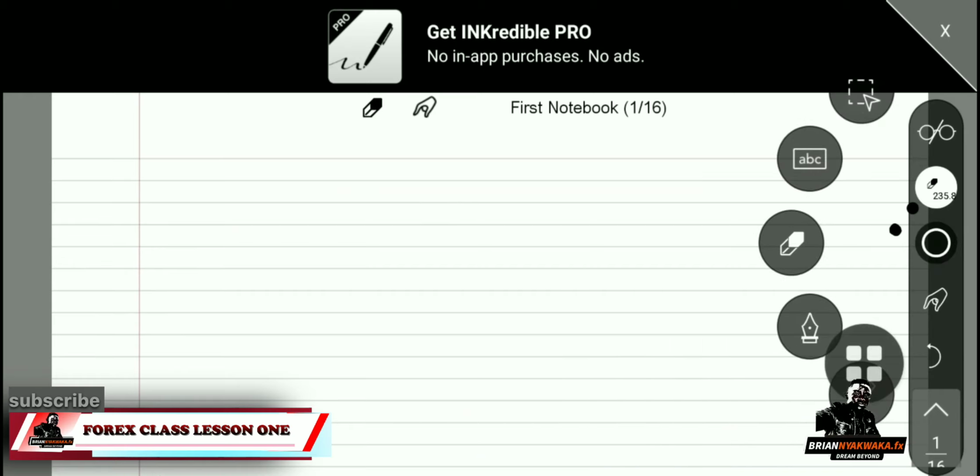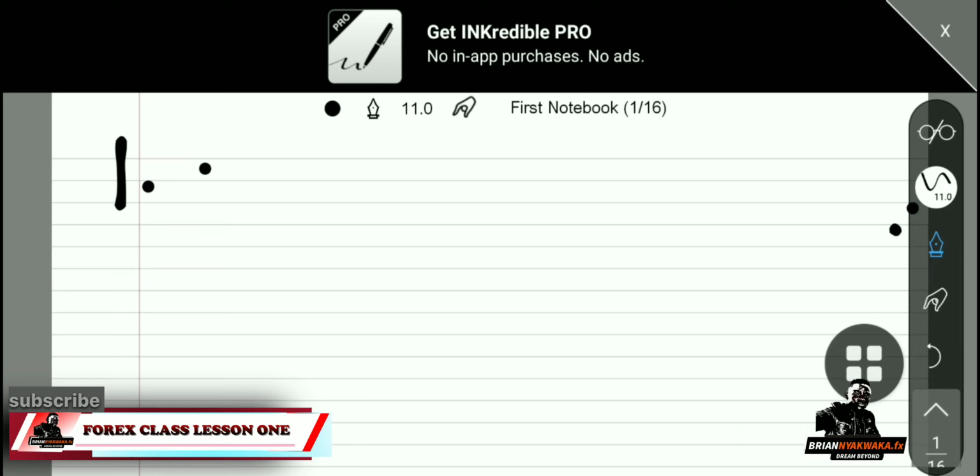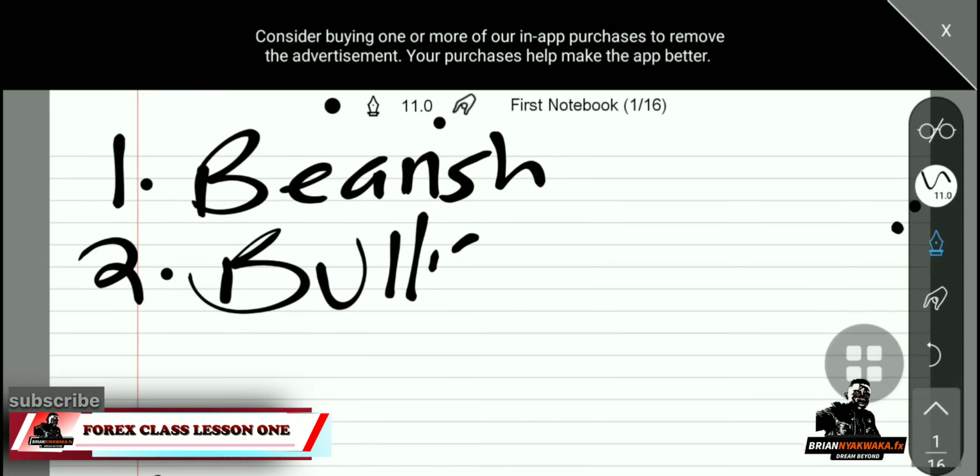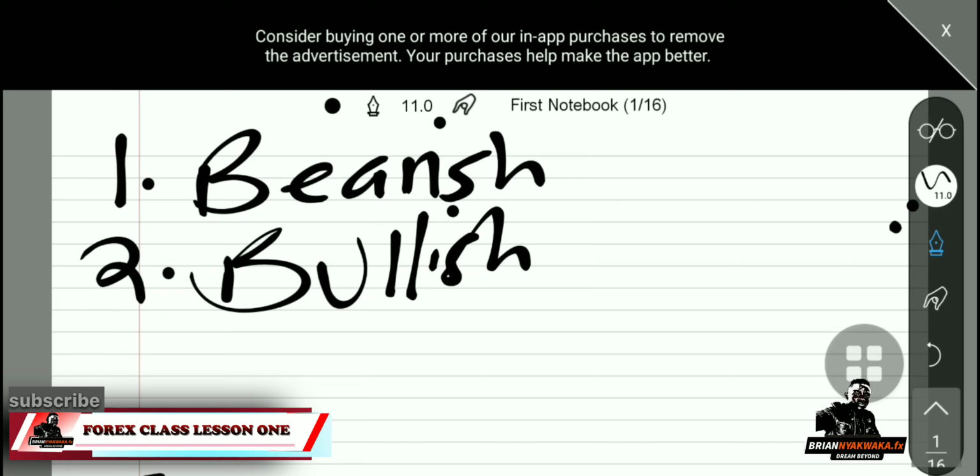One, we have the bearish candlestick chart, and two, we have the bullish candlestick chart. So remember, I told you that bearish means that the price is moving downwards.